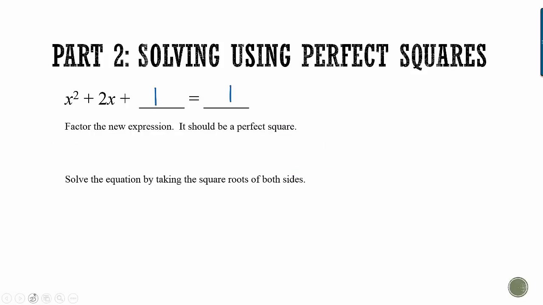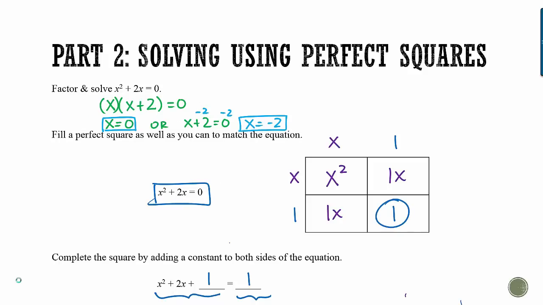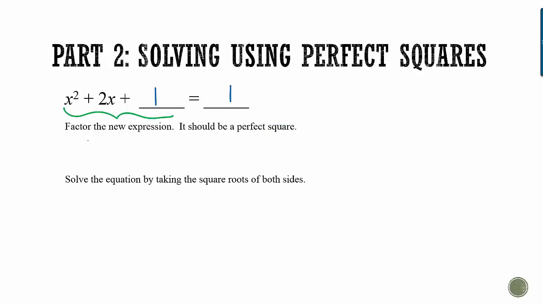And now if I factor what's on this side, remember I used this to make a square. So my factors are x plus 1 times x plus 1, or x plus 1 squared, and that equals 1. So now this goes back to the square root lesson that we did.